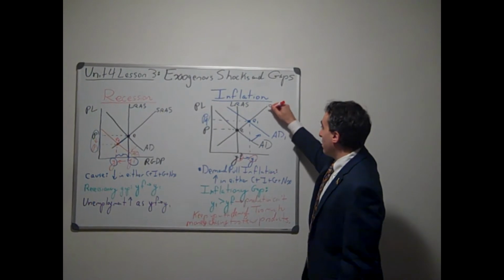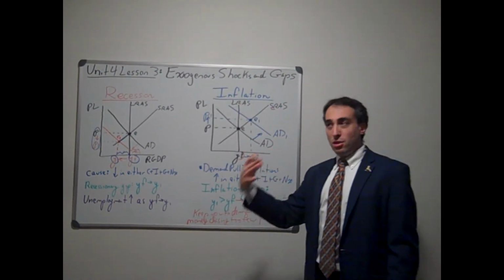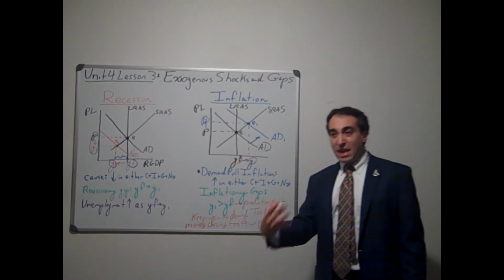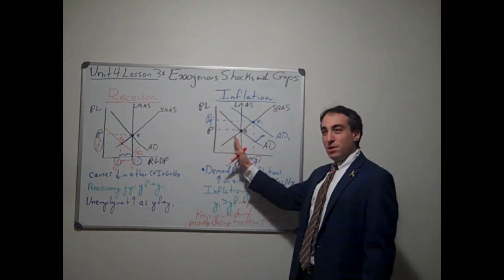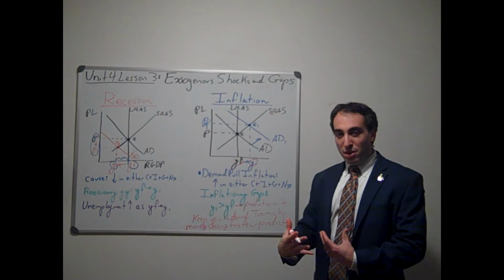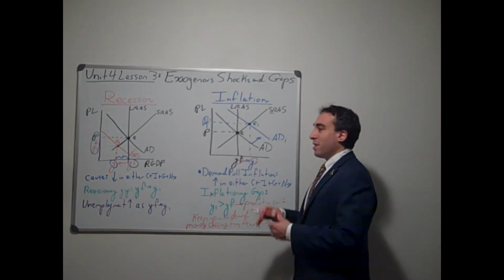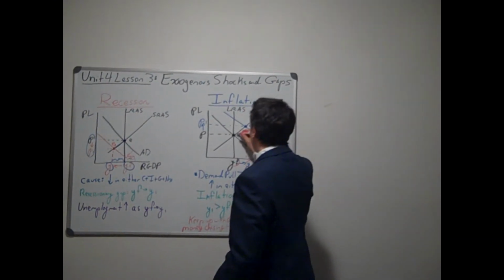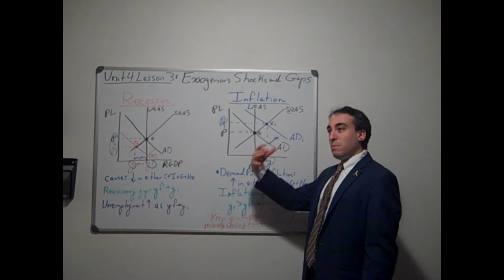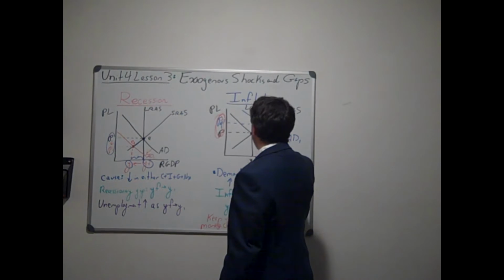In the short run, we can produce slightly beyond the long run, but it is unsustainable because this is full employment of resources. And as it becomes less sustainable, those inflationary pressures start to increase. So there's an increase in spending. As spending increases, we are able and willing to pay more. Prices are also going to increase.